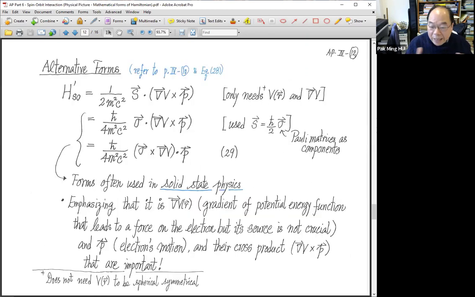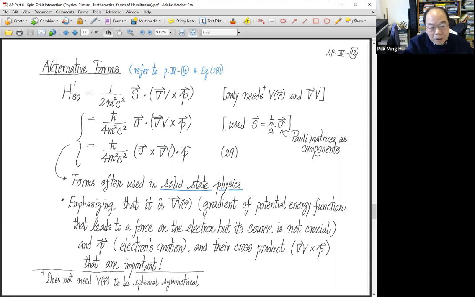But again, for the same reason that some of you may be doing solid state, may be doing condensed matter, may be doing topological insulators, some of you may be doing atomic physics, I would like to write down several equivalent forms so that you will not be scared later on when you read papers on spin orbit interaction, all right? So let me complete the discussion here.